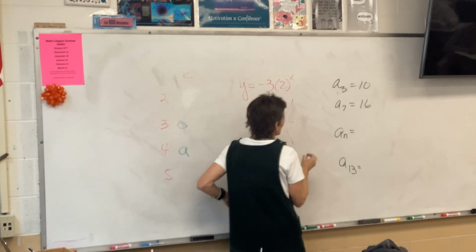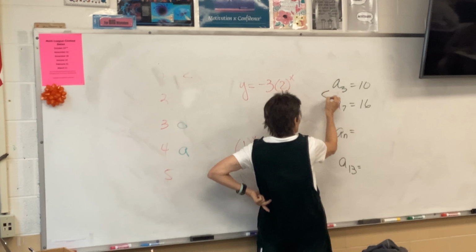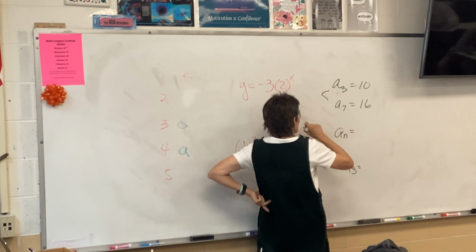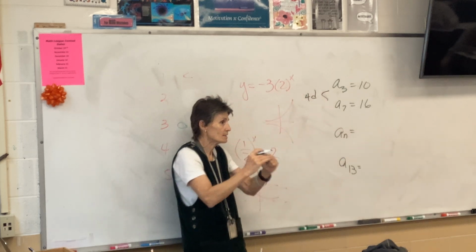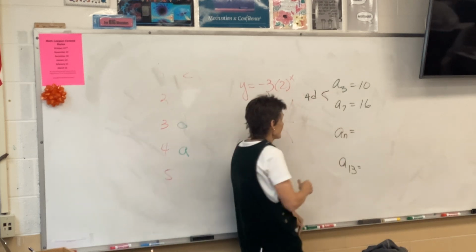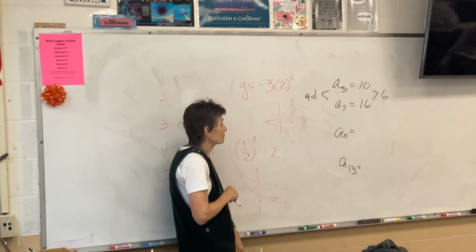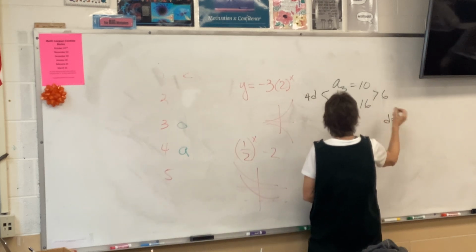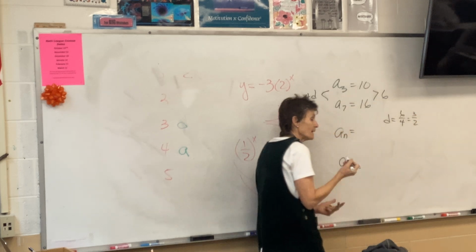Okay. So, I don't know, one strategy would be to say, okay, to get from the 3rd to the 7th, I'm gonna have to have 4 D's, 4 common differences, 4 additions. And I gotta cover a total ground of 6 units. So my common difference must be 3 halves, 1 1/2.